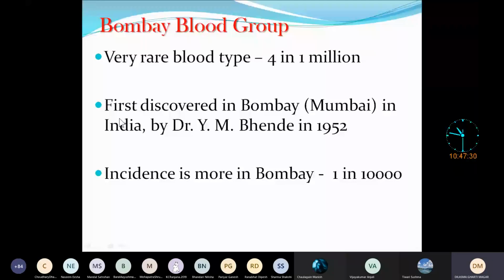Whenever we take the data, it is only 4 in 1 million people, or 10 lakh people, and it was first discovered in Mumbai in India by the doctor Y.M. Bhende in 1952. So the incidence in Bombay is slightly more than in other countries. In Mumbai, it is 1 in 10,000 people.